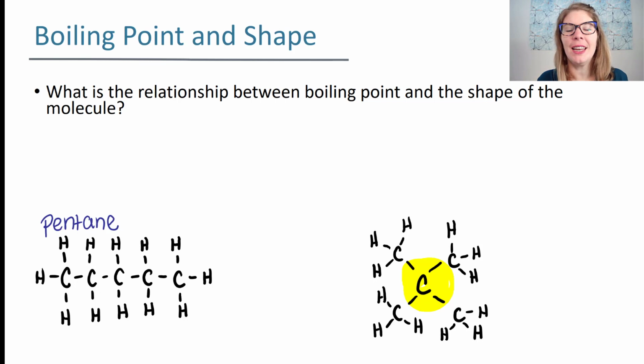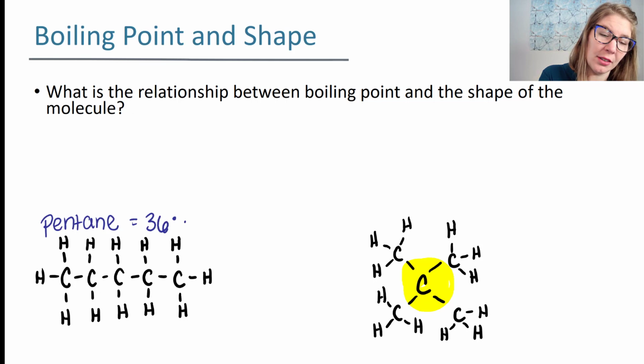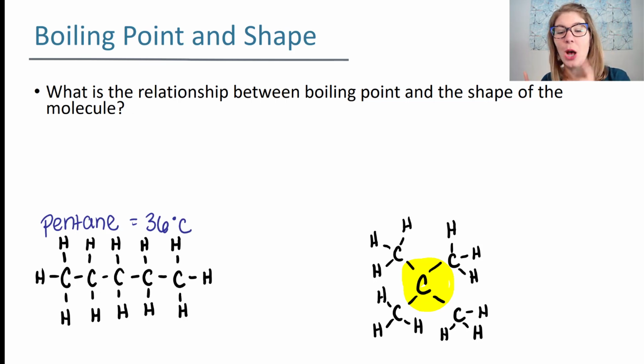And so what we'll find is that branched molecules, things like the one that's on the right, are going to have lower boiling points because they have less opportunities to interact with other molecules. So if we compare some boiling points here, pentane is going to have a boiling point of 36 degrees Celsius, whereas this other molecule is going to have a boiling point of 10 degrees Celsius.